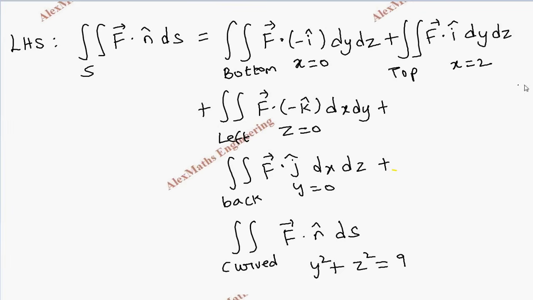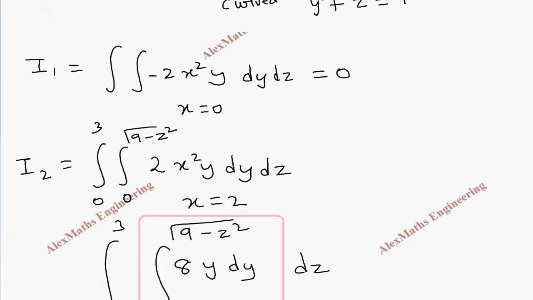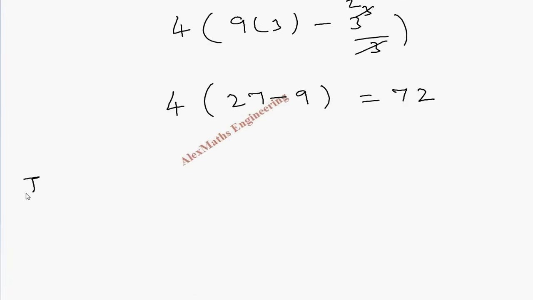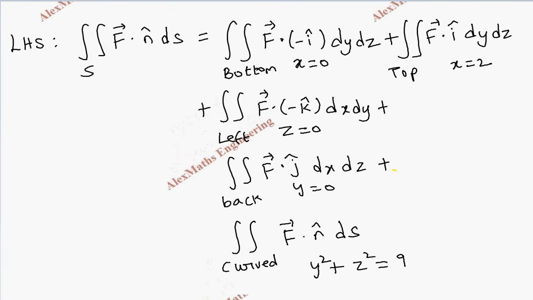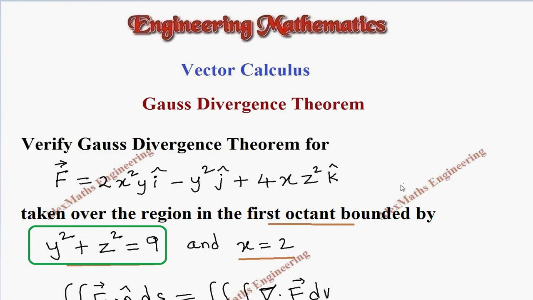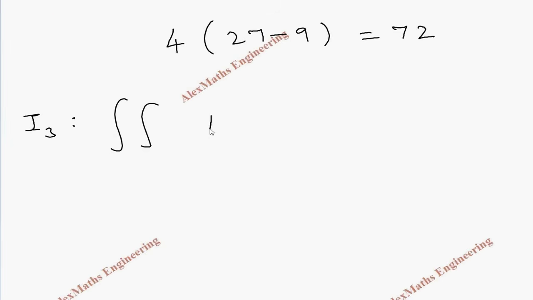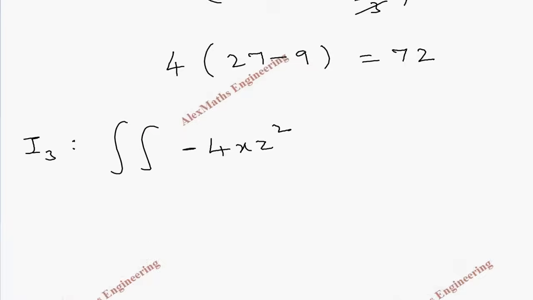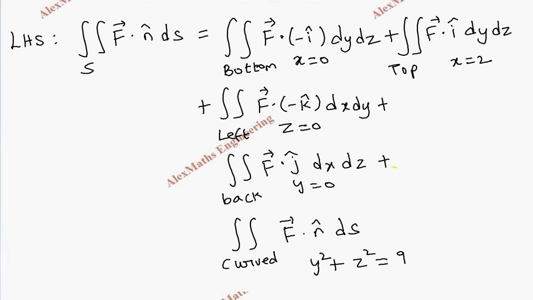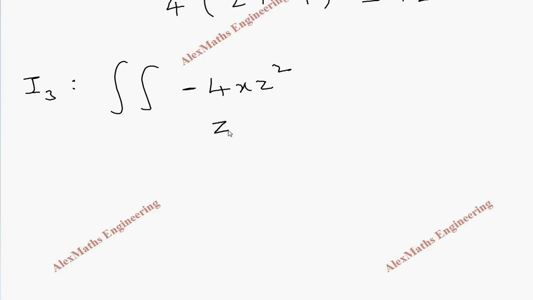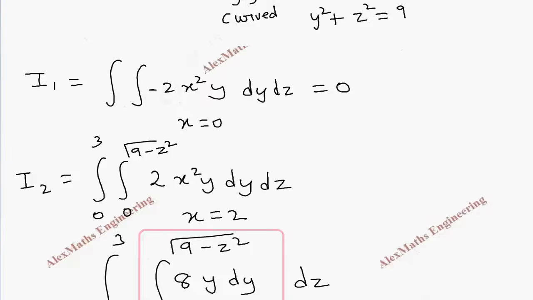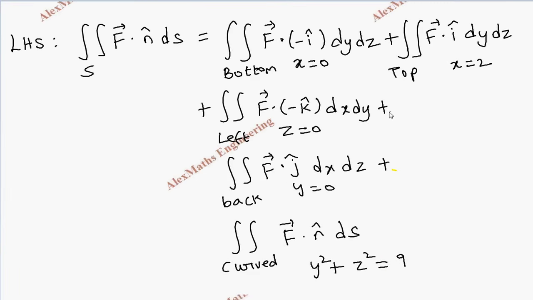Now coming to I3. We have finished I1 and I2. Now I3 is the left side, that is the double integral of F dot minus k. From the question, the k coefficient is 4x z square, so it is 4x z square with a minus sign, and the equation for this surface is z equals 0, with respect to dx dy, that is x and y.